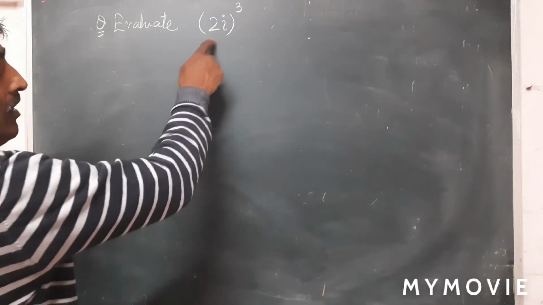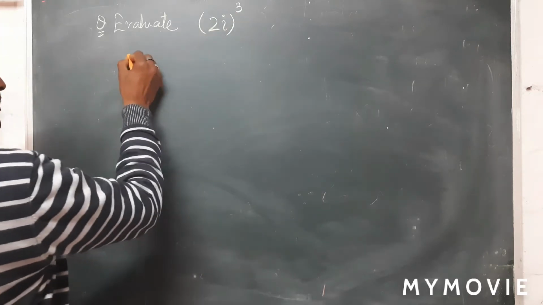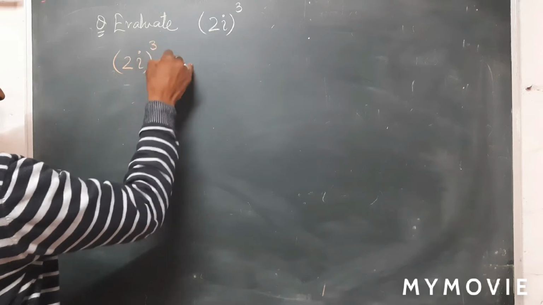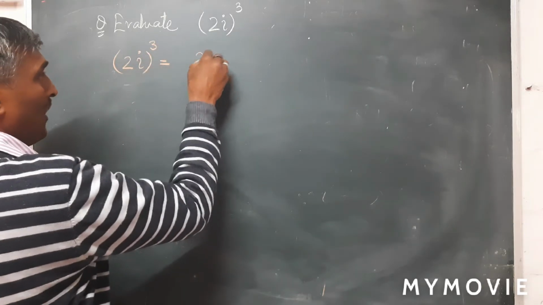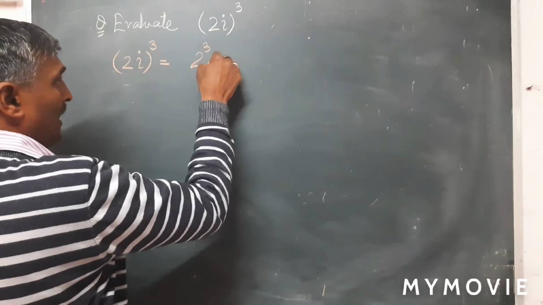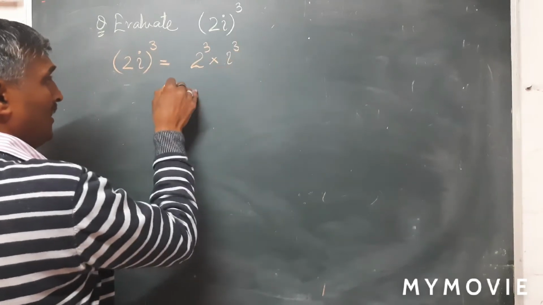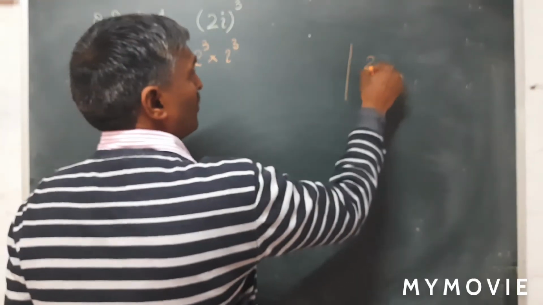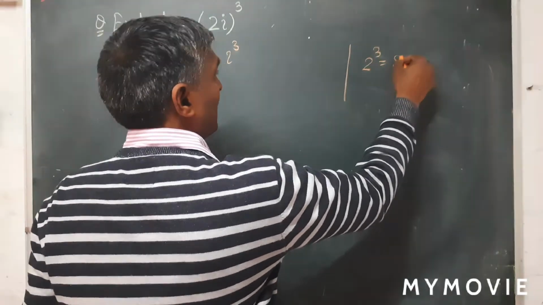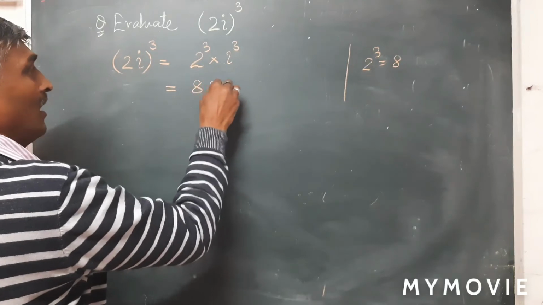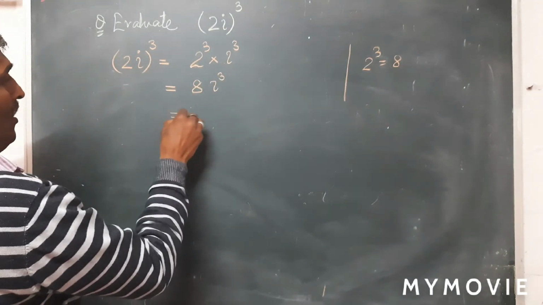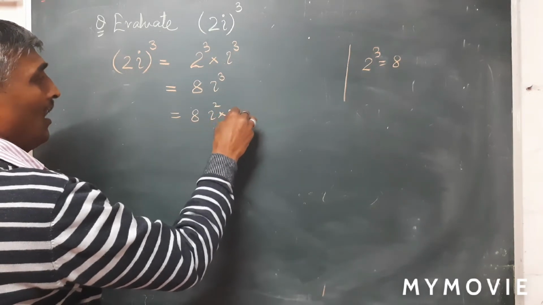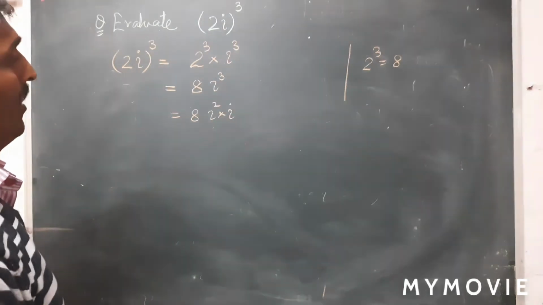Evaluate 2 iota to power 3. That is 2 to power 3 into iota to power 3. 2 to power 3 is equal to 8, so 8 iota cube. Now write iota square into iota.